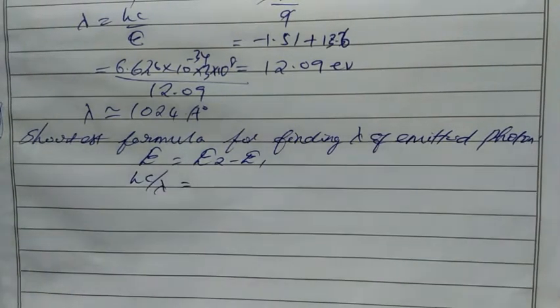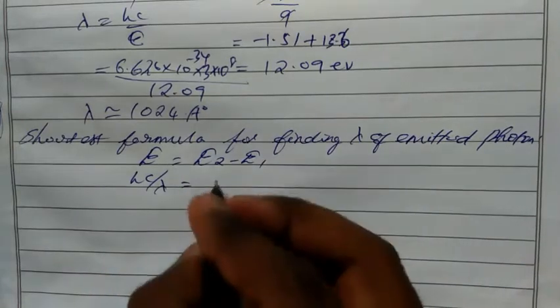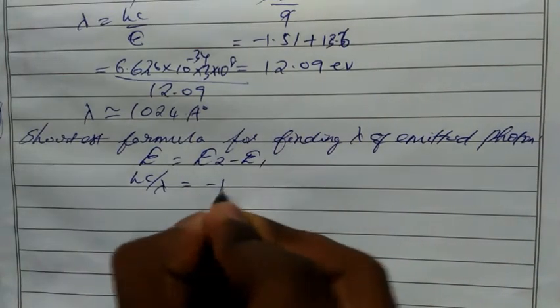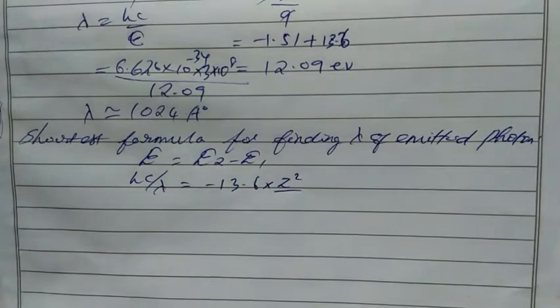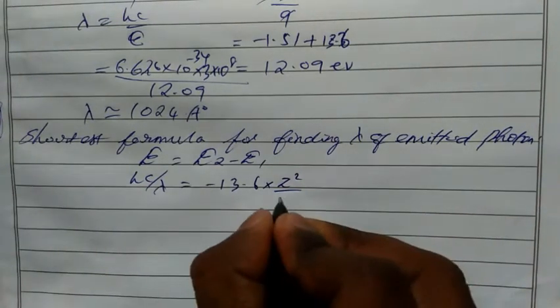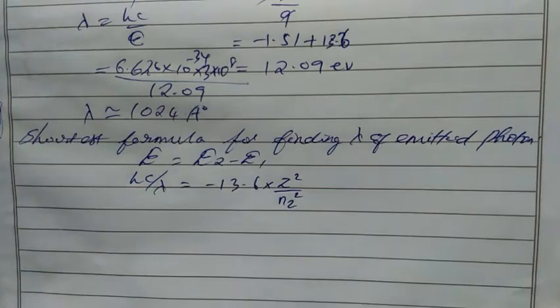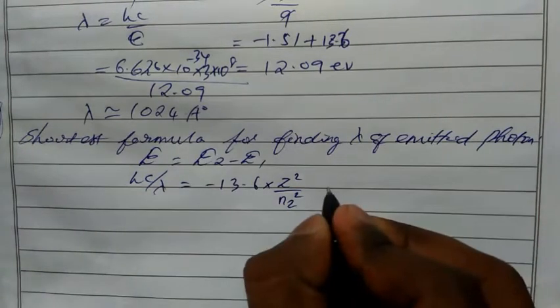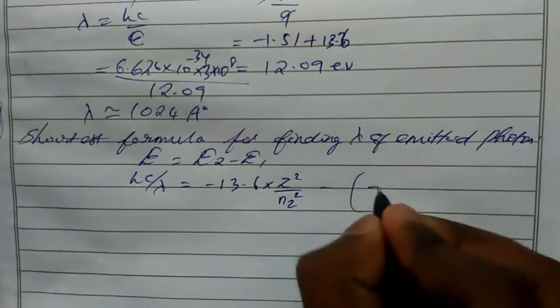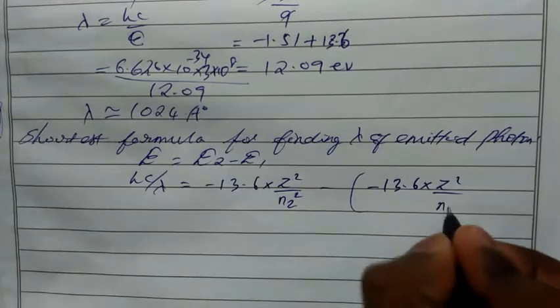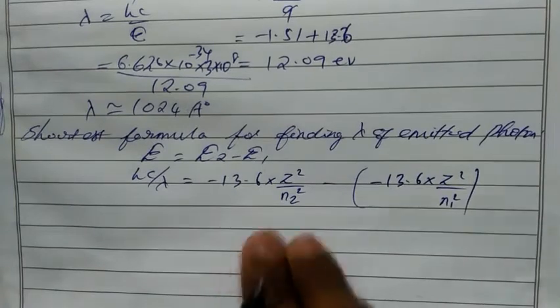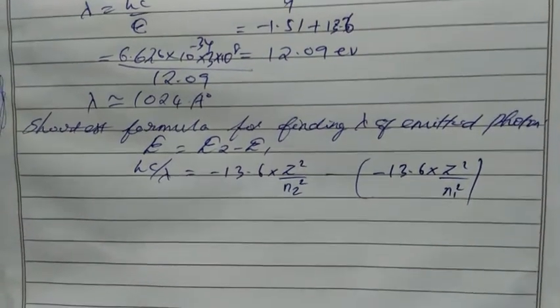We know another formula, minus 13.6 into z square by n square. Let's take n as n2, then minus E1, that is minus 13.6 into z square by n1 square. Higher energy level minus lower energy level.